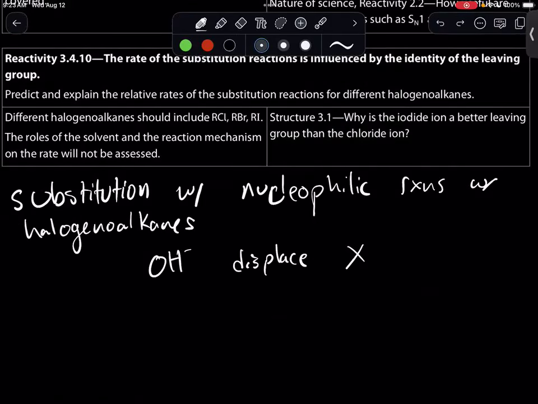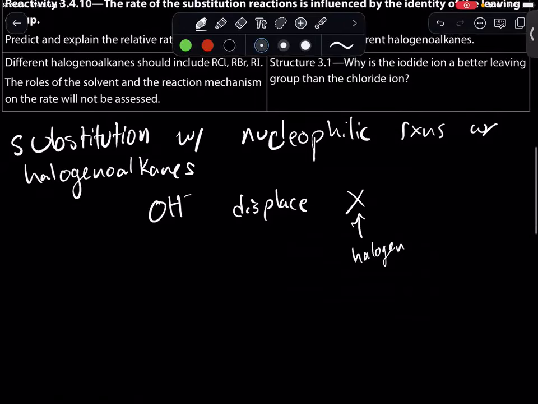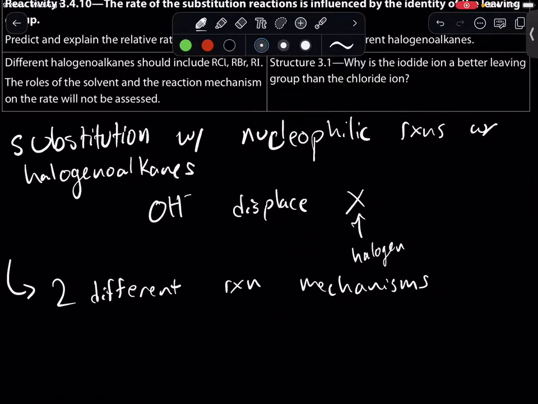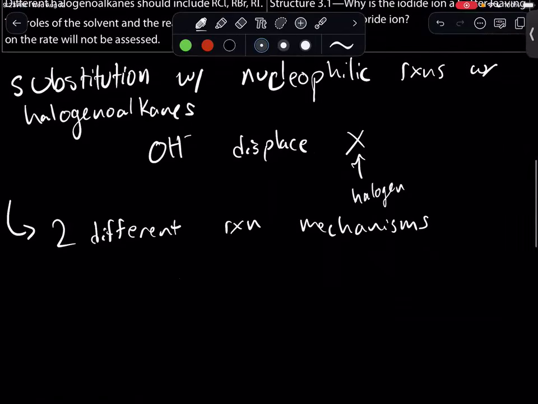And when we see this reaction, this is usually our halogen, and it is called our leaving group. But what we haven't talked about is this actually can happen in two different reaction mechanisms. And it changes based on the halogenoalkane, based on reactant.